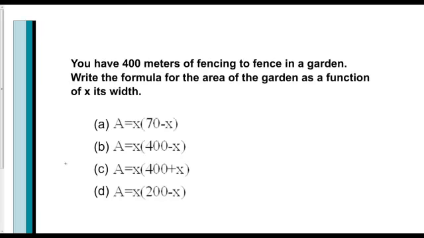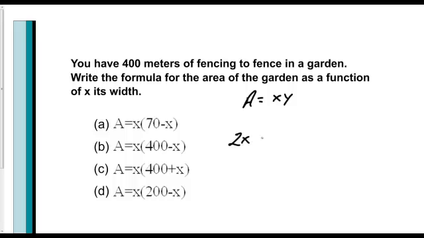So the last one here, you have 400 meters of fencing to fence in a garden. Write a formula for the area of the garden as a function of x and its width. So we know that the area is equal to the length times the width, so we just say x times y. So we also know that it has 400 meters, which will be the perimeter.